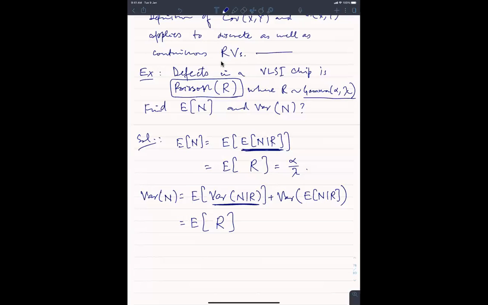So this would be expected value of r plus variance of, again this would be variance of r, because expected value of n given r is the parameter of the Poisson random variable, which is r. But now expected value of r is alpha over lambda, which is because r is gamma, and the variance is alpha over lambda square.